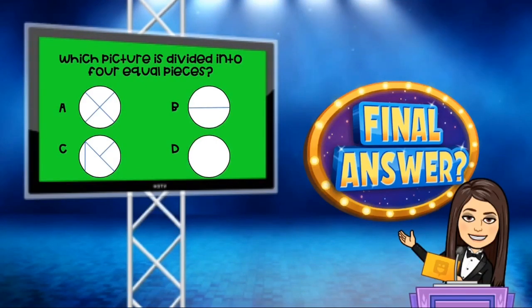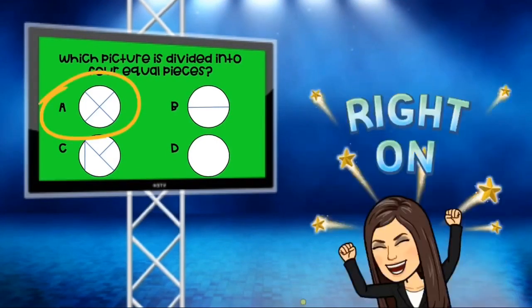Do you have your final answer yet? The answer is A. Let's look at all of these pieces. A has 4 pieces, so we know that it is divided into fourths, and they are all equal.